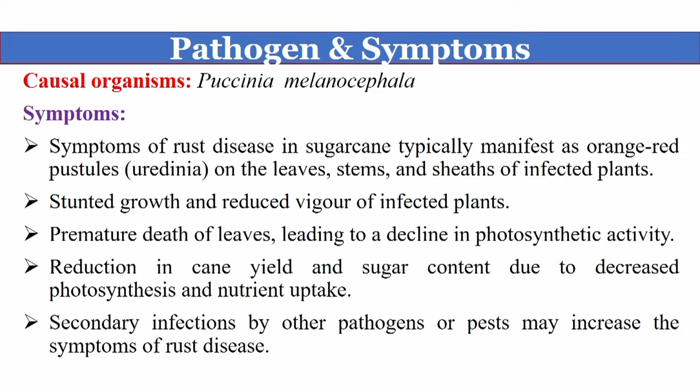Stunted growth and reduced vigor of infected plants are also experienced, and premature death of the leaves leads to a decline in photosynthetic activity, so the whole yield may be affected, with reduction of cane yield and sugar content due to decreased photosynthesis and nutrient uptake. Secondary infection by other pathogens or pests may also increase the symptoms of rust disease.